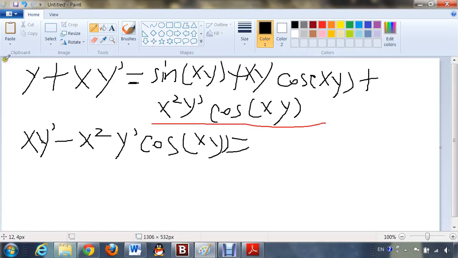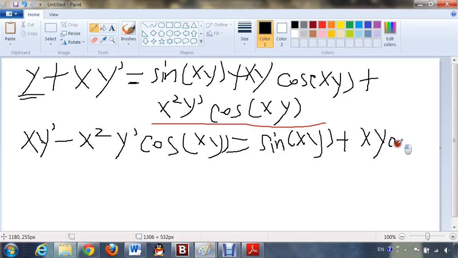Then we'll move this y to the right because it has nothing to do with y prime, so the right side becomes sine xy minus xy cosine of xy minus y.